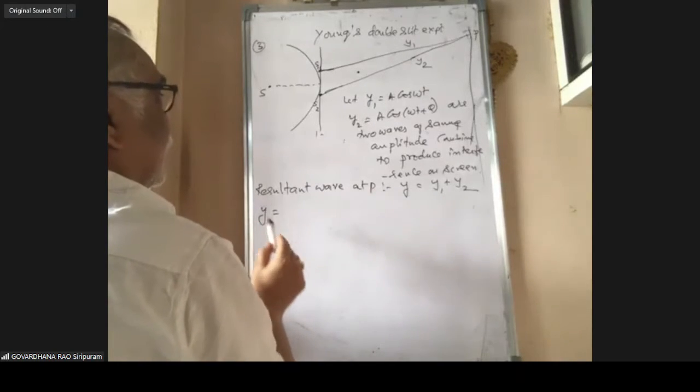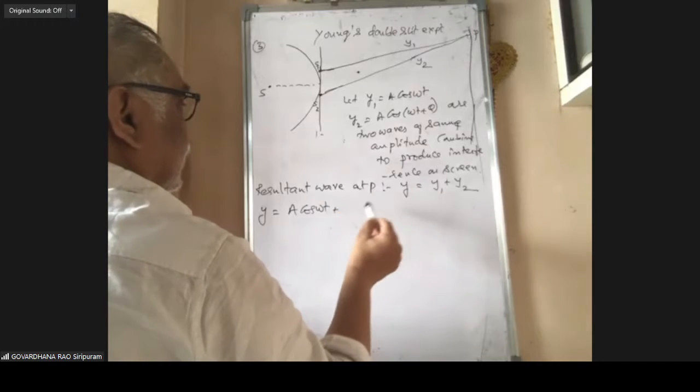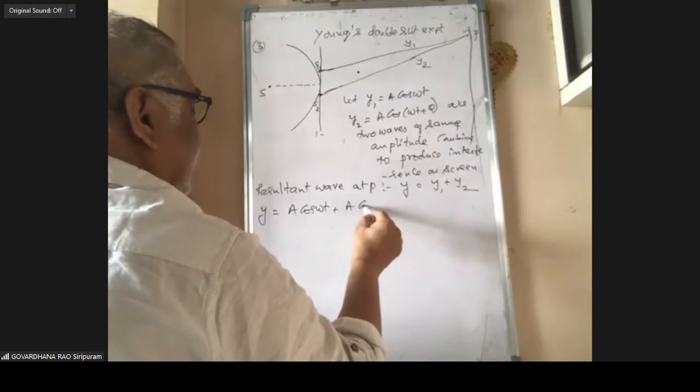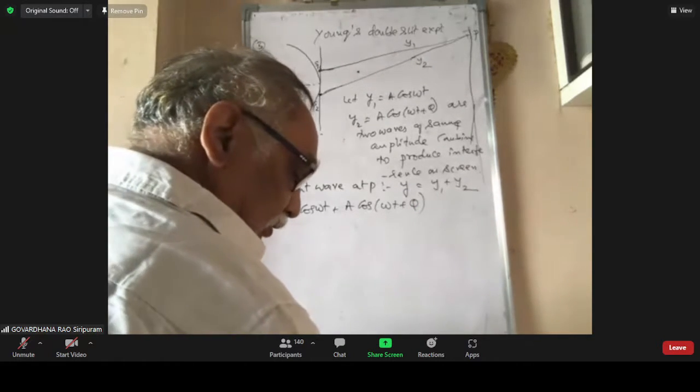So y equals y1, which means A cos omega t, plus Y2, which means A cos omega t plus phi.